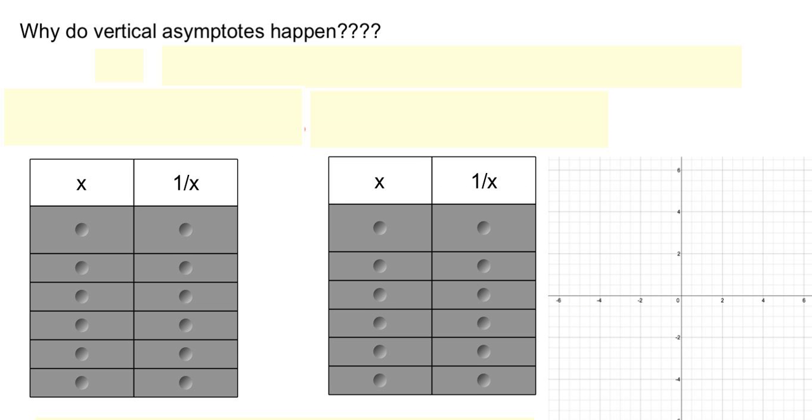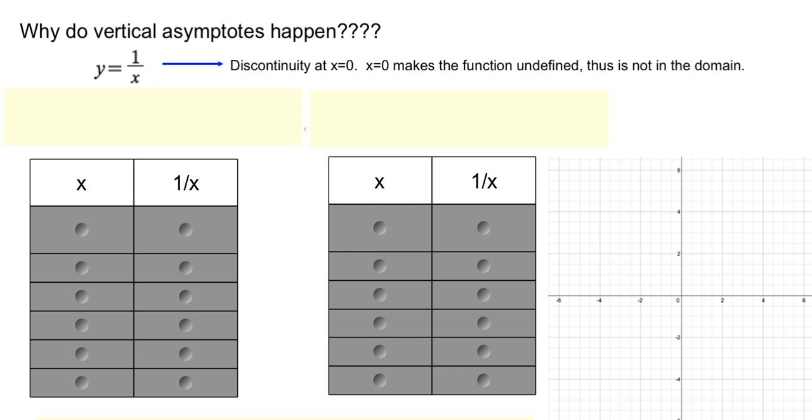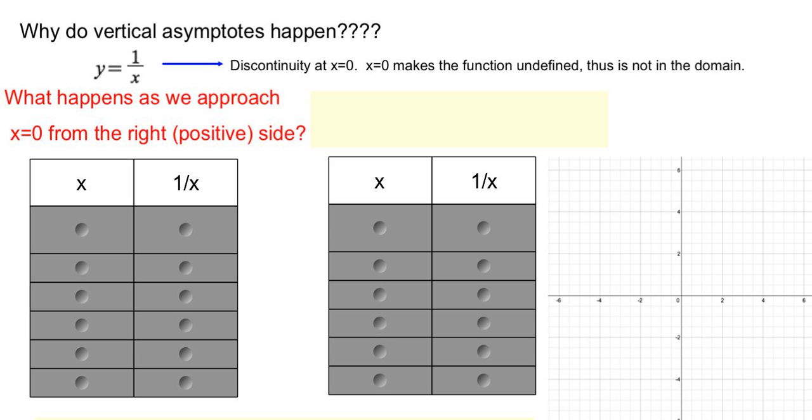Okay, so why do vertical asymptotes happen? Well, let's look again at our equation, y equals 1 over x. And we know that there's a discontinuity at x equals 0, because x equals 0 makes the function undefined, so x equals 0 is not in the domain. So let's look at what happens as we approach that point of discontinuity, x equals 0, from the right side, or the positive side.